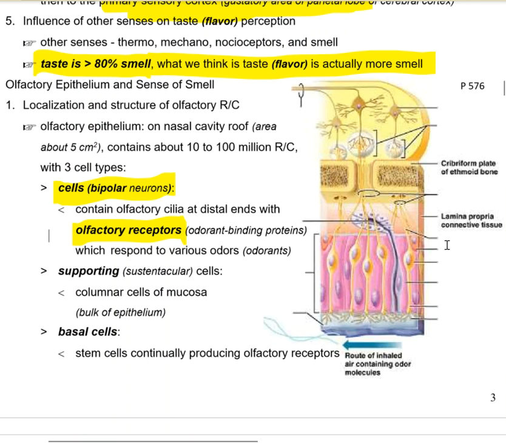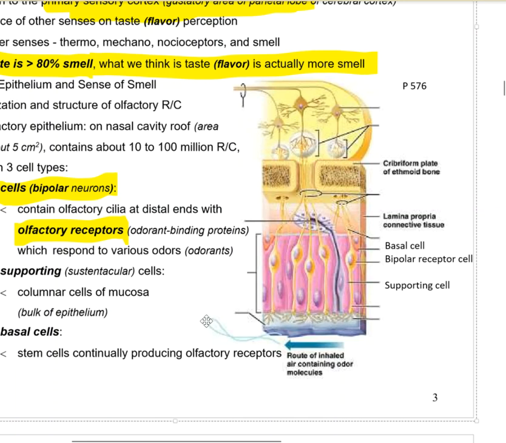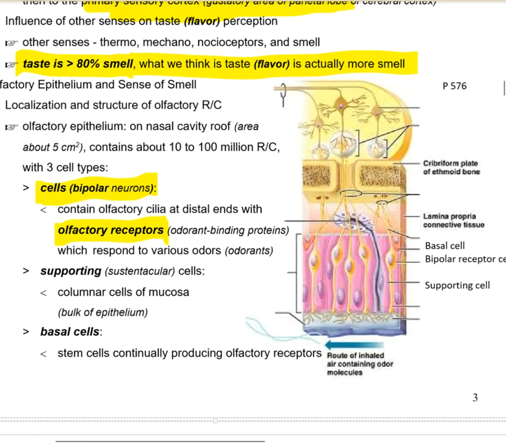So I'm going to actually type in all of them right now. I'm going to type in basal cell, bipolar receptor cell, and then down here put supporting cell. Okay? So the ones in yellow that you see here in the picture are the bipolar receptor cells.